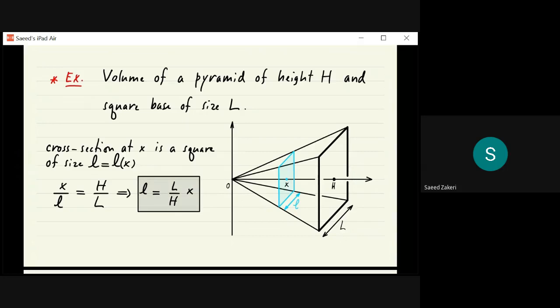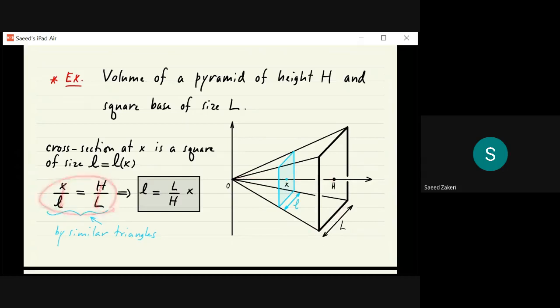Okay. So this is by similar triangles. So this proportion is fixed. x divided by l is the same as H divided by big L. Set up that proportion.